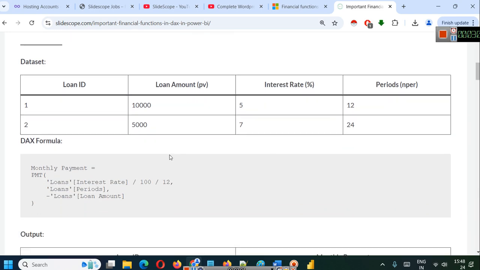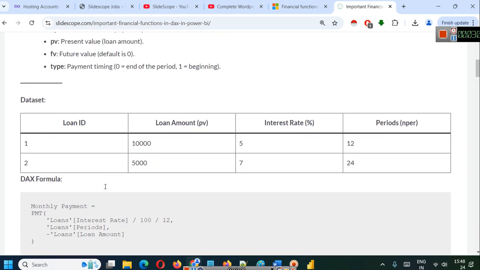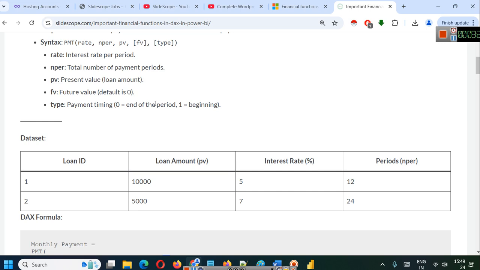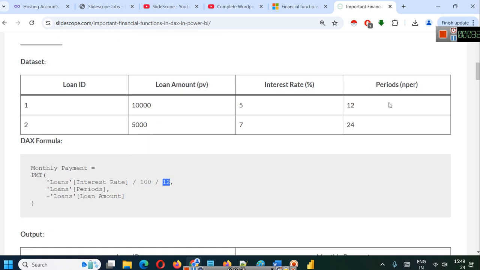Now, if you apply the DAX formula, first you select the loan interest rate divided by 100 divided by 12. This way you will get the actual interest rate. Then in the second parameter you write NPER, that is the total number of payment periods, which is periods, which will give you a dynamic value.